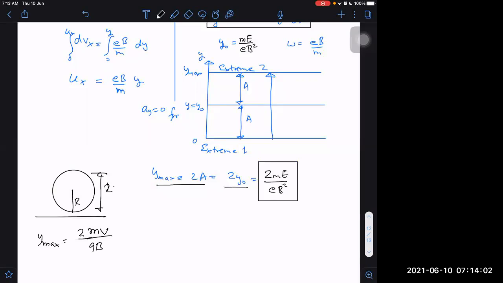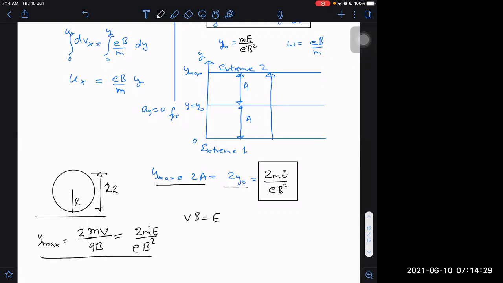Also I need the velocity, and in that case I have told you that the velocity comes out to be E by B, right? Vp is equal to E, so v comes out to be E by B, so it becomes 2me upon q into q is e only, so it becomes eB square.